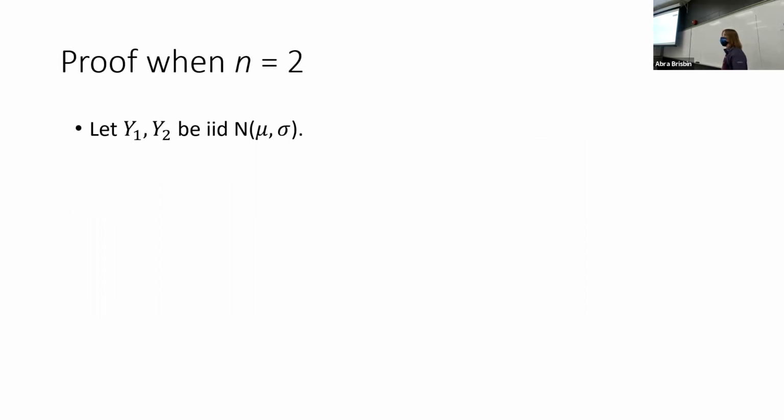All right. So we're going to go through the proof of this just for the case where the sample size is 2. So we're going to let Y1 and Y2 be independent and identically distributed normal random variables with mean mu, standard deviation sigma.